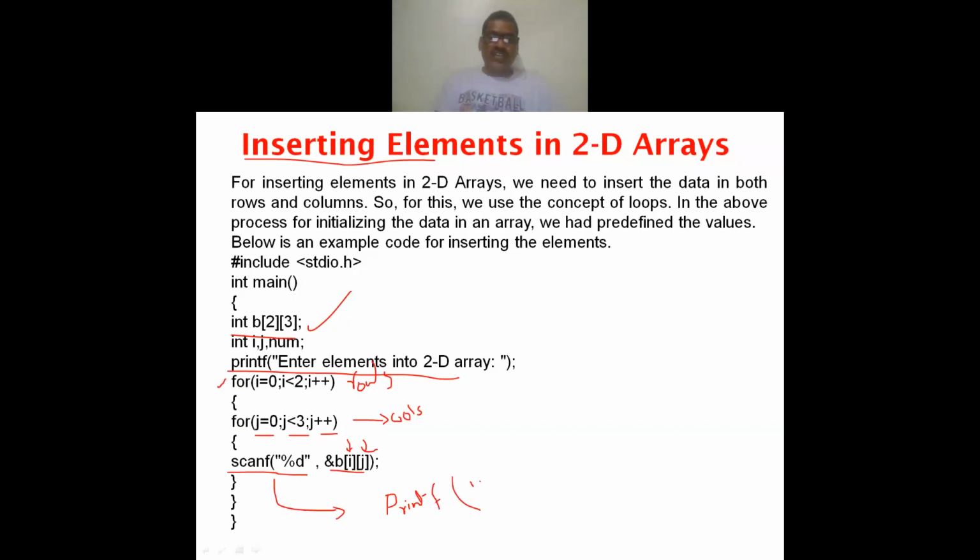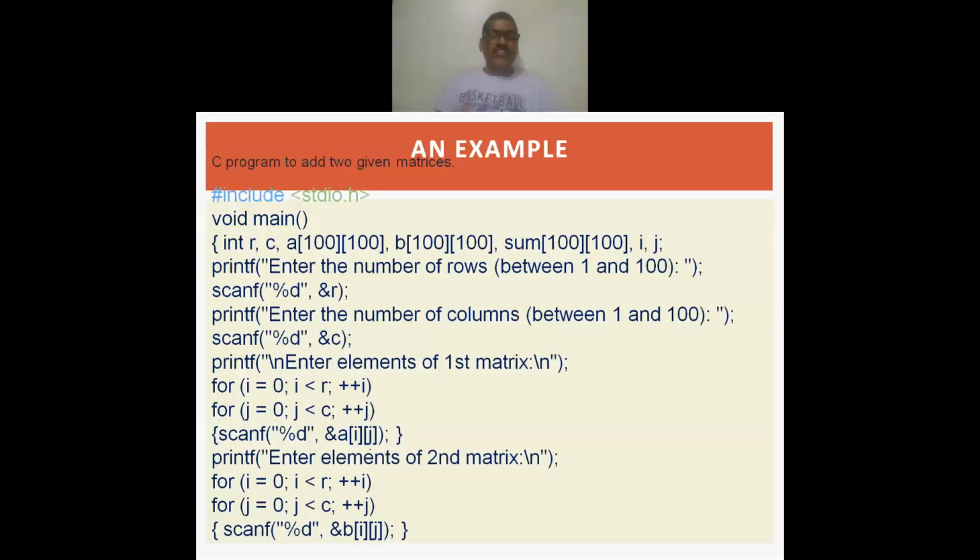So printf percentage d with b of i j will print the ith row, jth column element. Like this, you can use printf in place of scanf. This is how we output or display the two-dimensional matrix elements onto the screen.